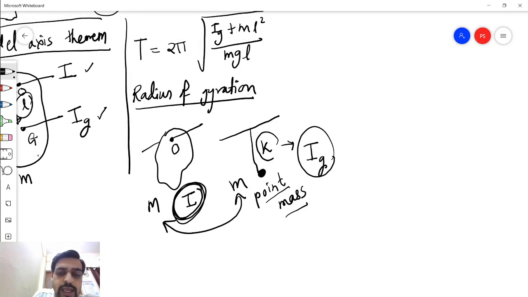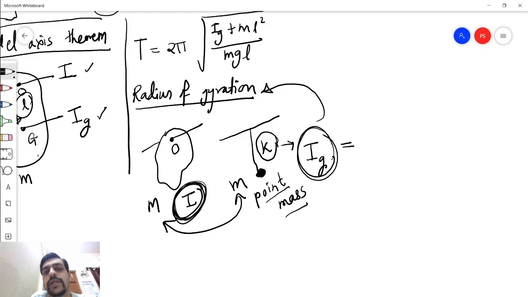Such a distance k, which offers the same moment of inertia as that of the previous body, is called the radius of gyration. And since this is a point particle, the moment of inertia, according to the definition which we have already studied, will be just m into k squared.